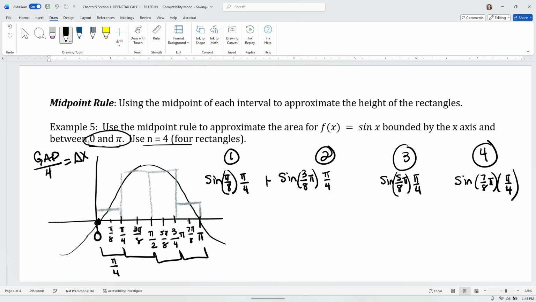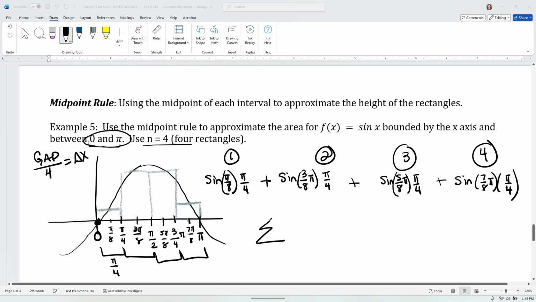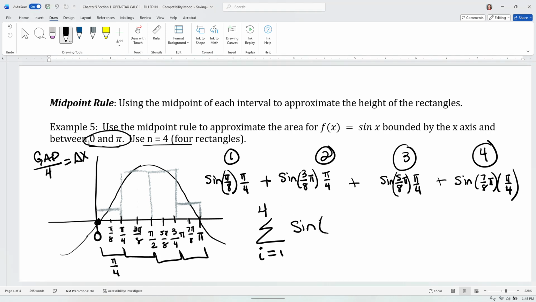Okay, now something to note here with midpoint. Remember how before I said if you wanted to do sigma, here we're doing 4, it's f of x times the gap, right? All of these. So it's going to be sine of something times the gap, the width, right?